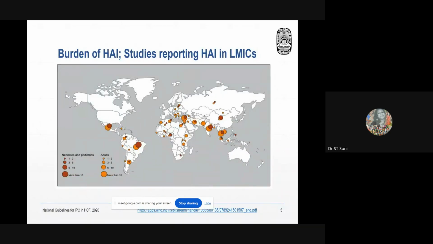Mostly LMIC, the low and middle income countries, and we come under that. In our country the burden of healthcare infection is large. In India it is 6 to 10, and more than 10 for adults. So it is a grave situation.